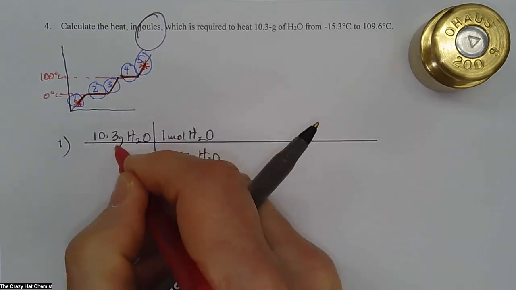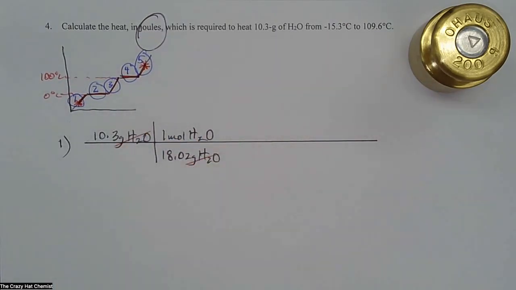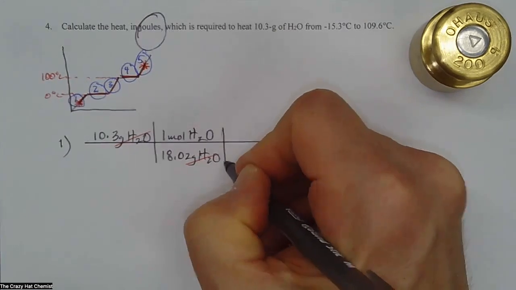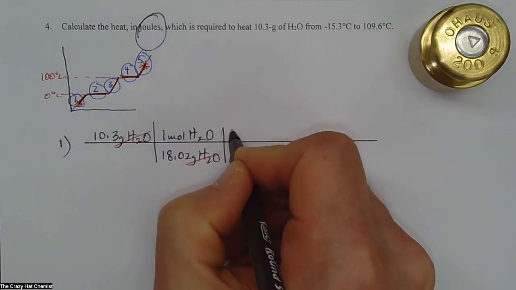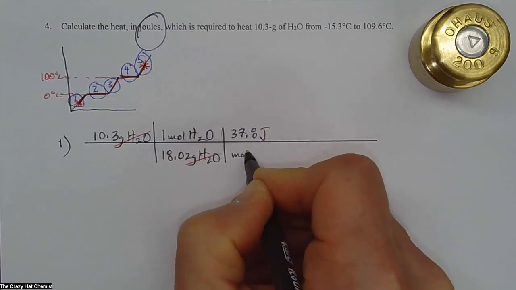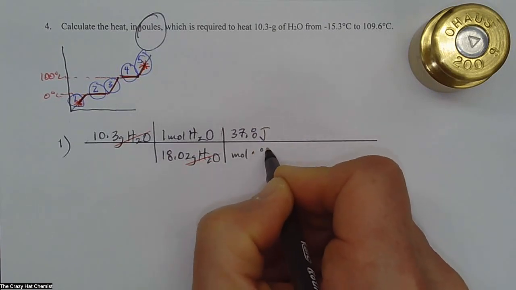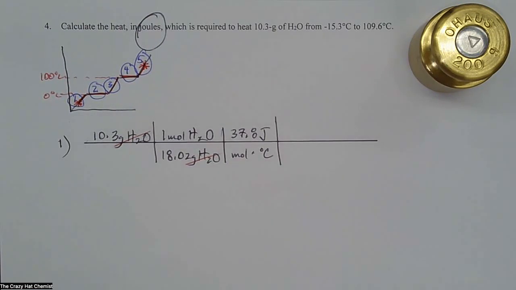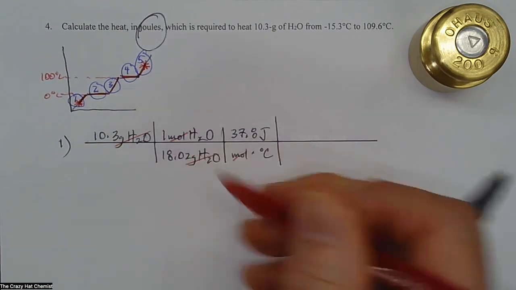That will now enable me to cancel out the grams of the H2O. And then our constant, which is 37.8 joules per mole degrees Celsius. That is our constant of which we're using. That enables us to cancel out the moles.